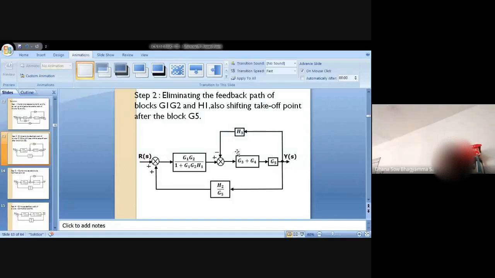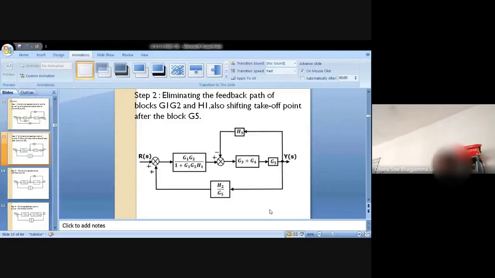If you see here, these two elements are connected in series, so G5 can be multiplied with G3 plus G4, that is G5 into G3 plus G4. Next step is combining the cascade blocks. I hope you have already drawn this. I'm going very slowly, trying my level best.